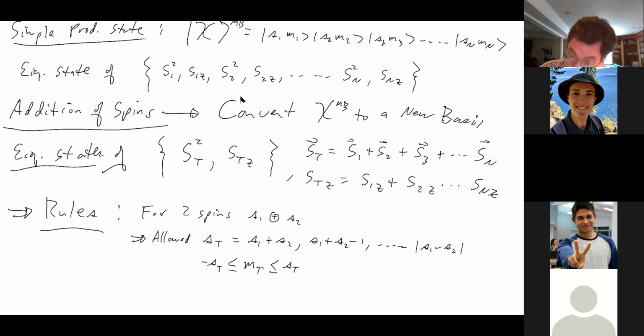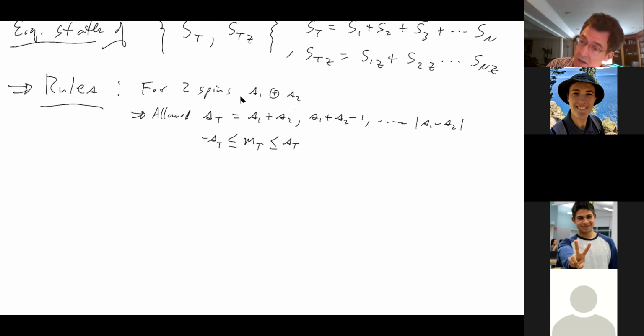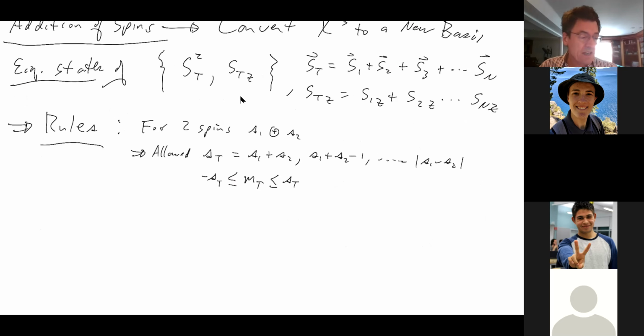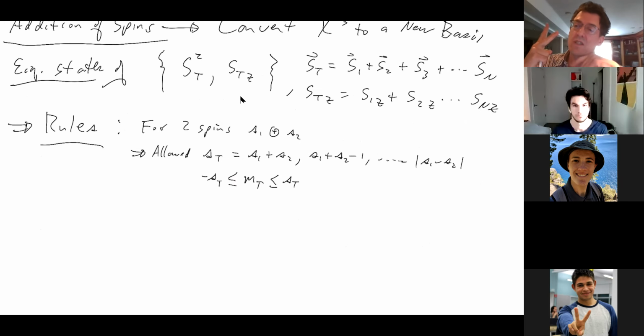Sorry, a quick question. I was trying to look through the notes from last lecture, but I couldn't find an answer. What was the motivation for trying to find a new basis state? Oh, that's a good question. I would say two motivations.